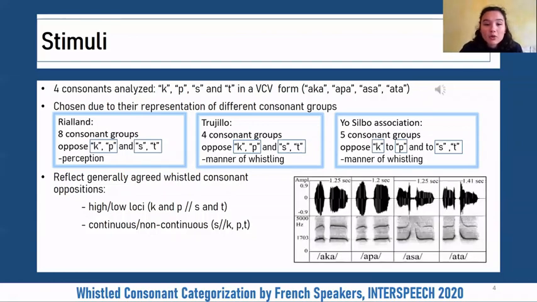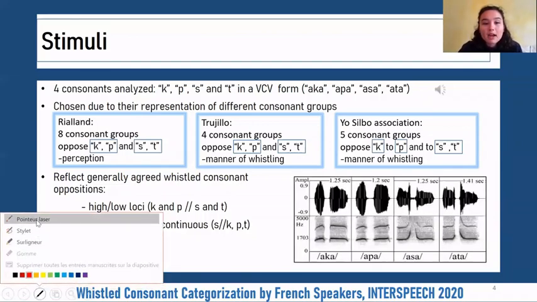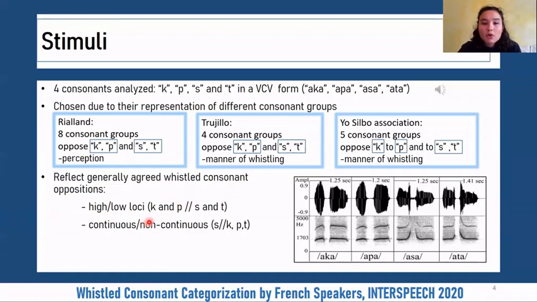So high and low loci oppose K and P to S and T. And you can really see that in this diagram where S and T have a frequential rise here in the center part of the segment, which is the consonant itself. So the S goes up in frequency, and so does the T. Whereas K and P don't show this frequential rise. So high loci S and T, and low loci K and P.